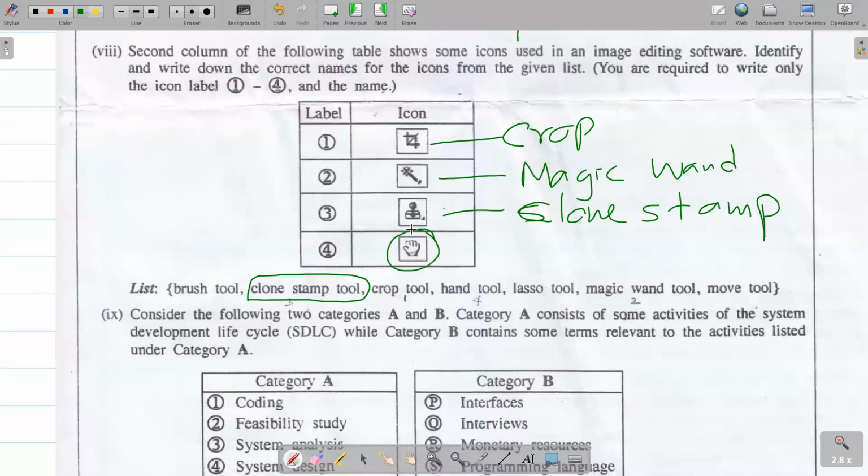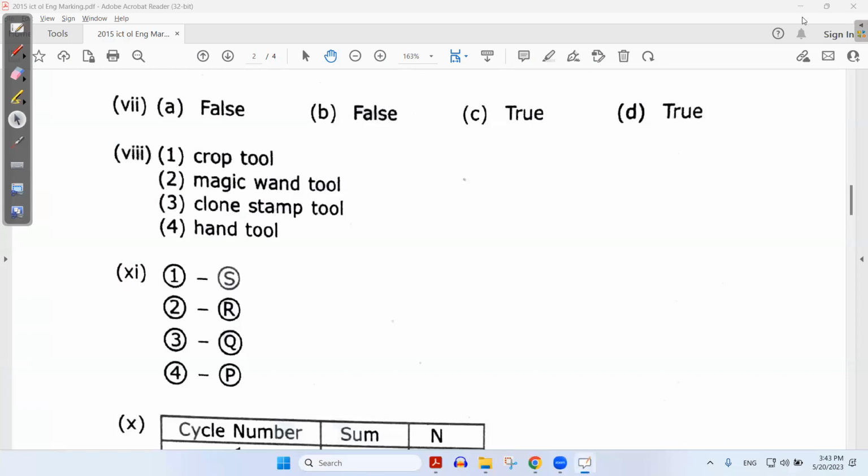This is used to do the moving. But in GIMP, the move tool looks something like this, so this is going to be move. If you got this incorrect, I'm giving you the marks for that because that icon is from Photoshop, not from GIMP. So crop, magic wand, clone stamp, and move.